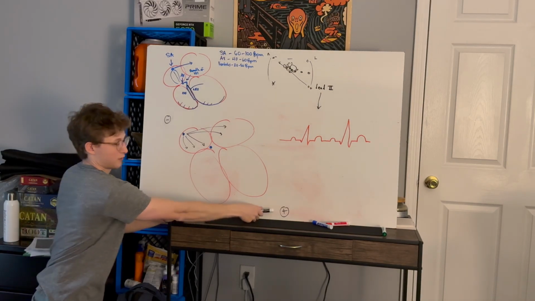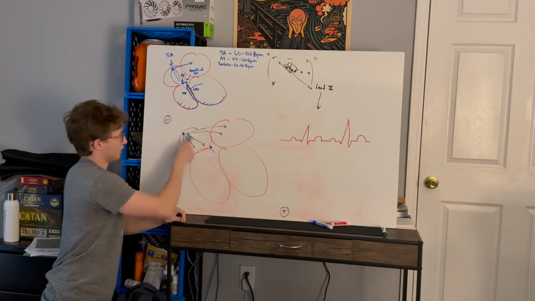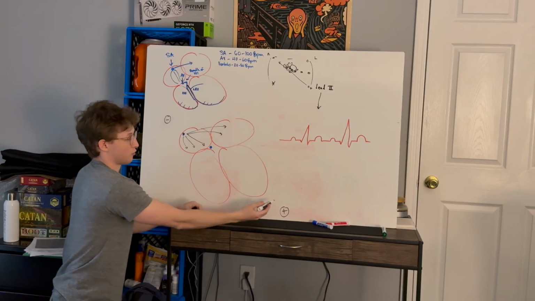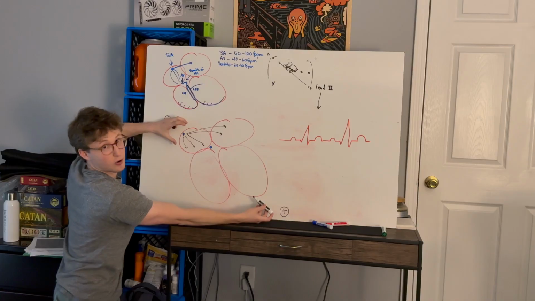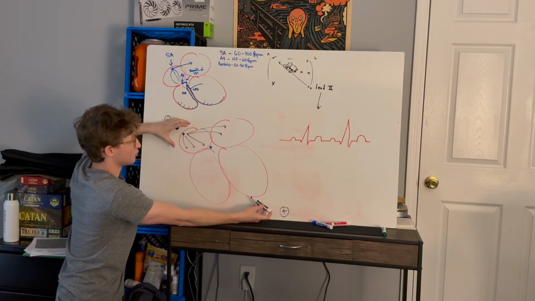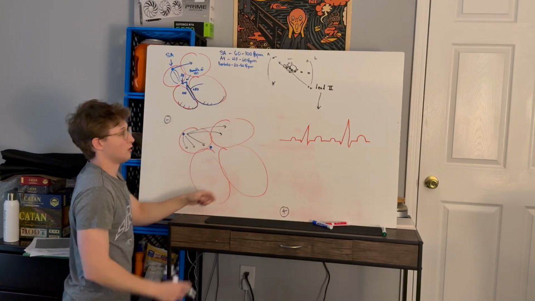Lead 2: positive electrode, negative electrode, viewing angle, reference point. We're looking this way. That creates our lead, that creates our picture. So looking from here, we're looking up this way, and we are seeing all this positive charge moving towards us as the atria depolarize.